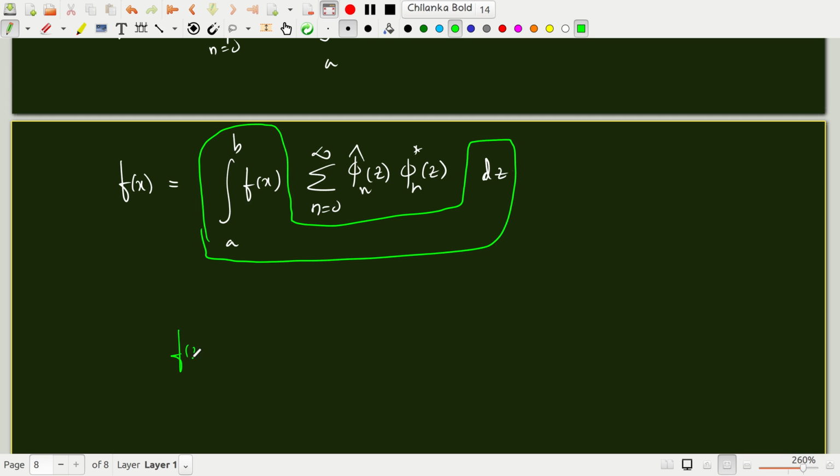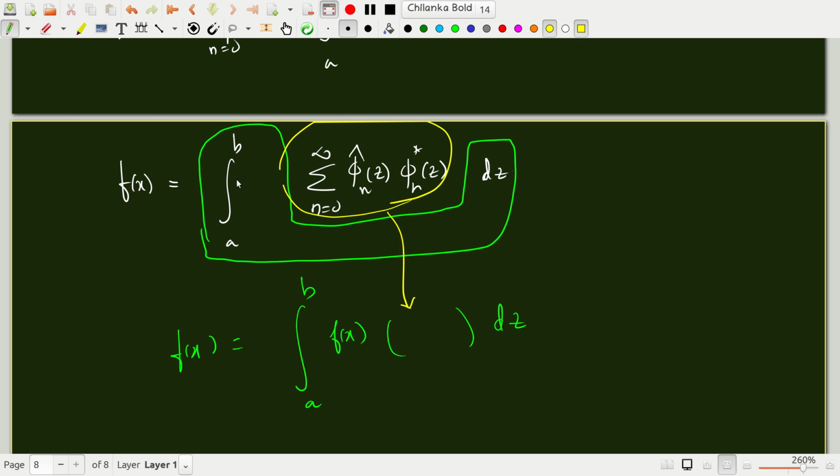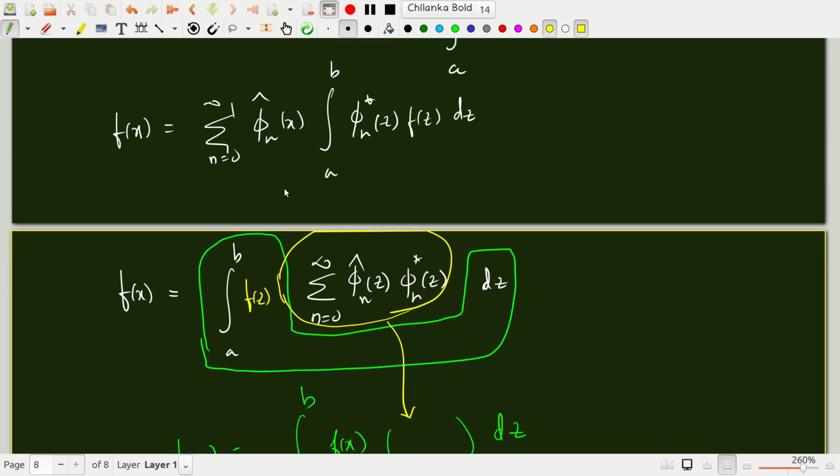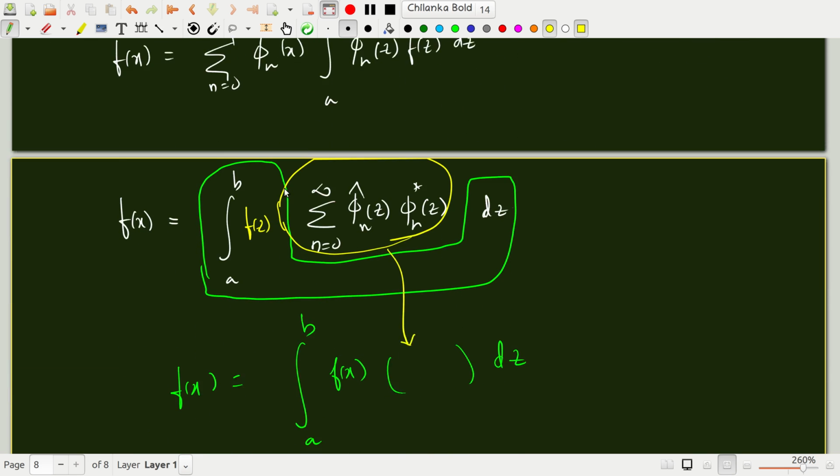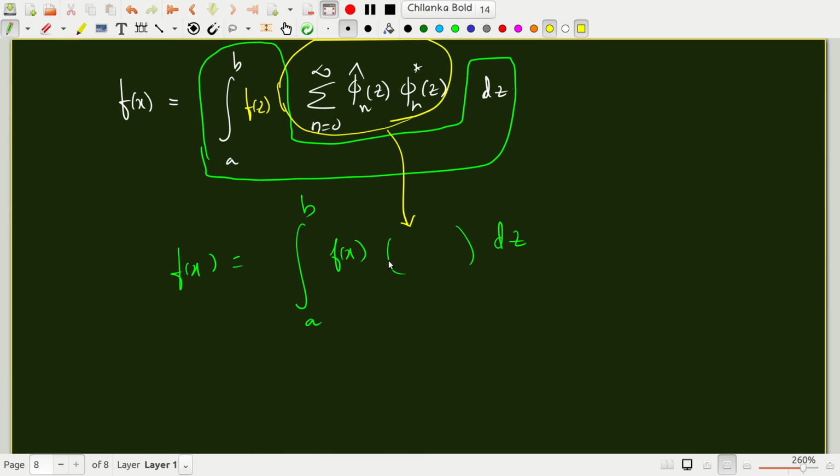Now f of x is the integral from a to b of f of x times something, dz. What is that something? That something is here. Now what should this be in order for this to give f of x? This should also be f of z. I hope I have it right here. Yes, right. So this is f of z.